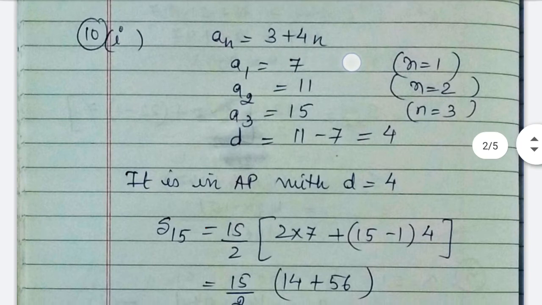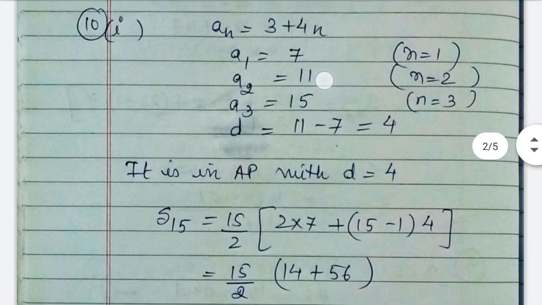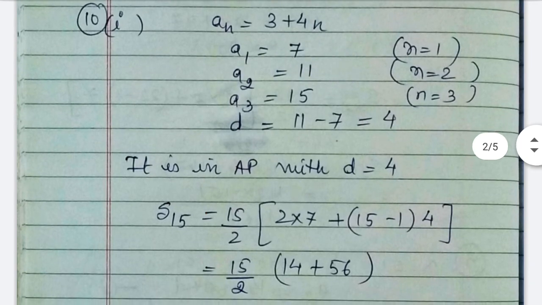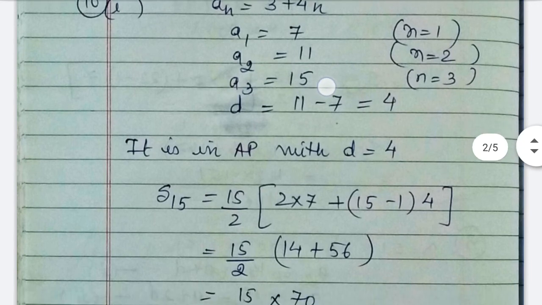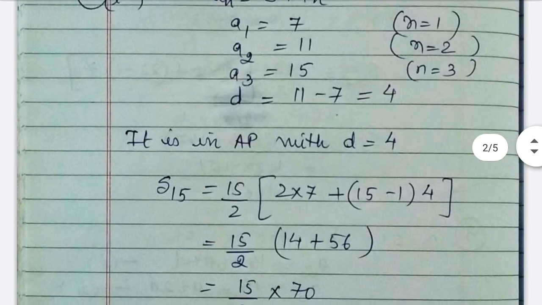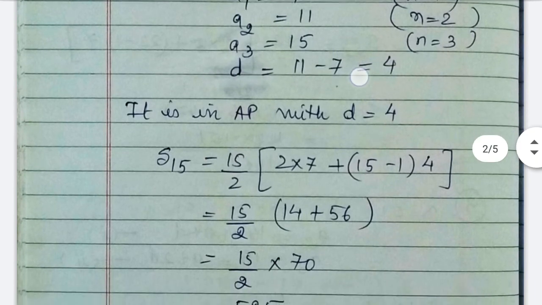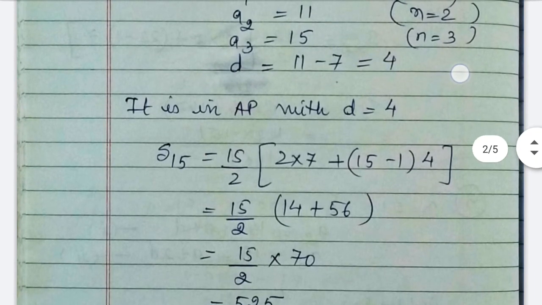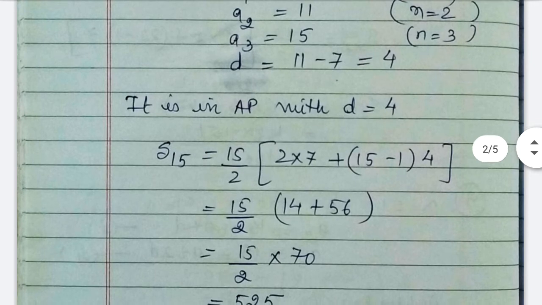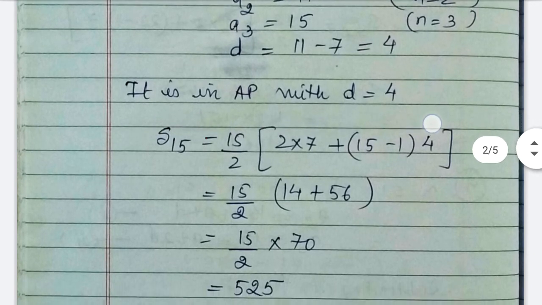Put N is equals to 1 here, you will get the value of A1, that is 7. For A2, put N is equals to 2, the value of A2 is 11. Put N is equals to 3, the value of A3 is 15. D is equals to 11 minus 7, that is 4. So it is an AP with D is equals to 4.